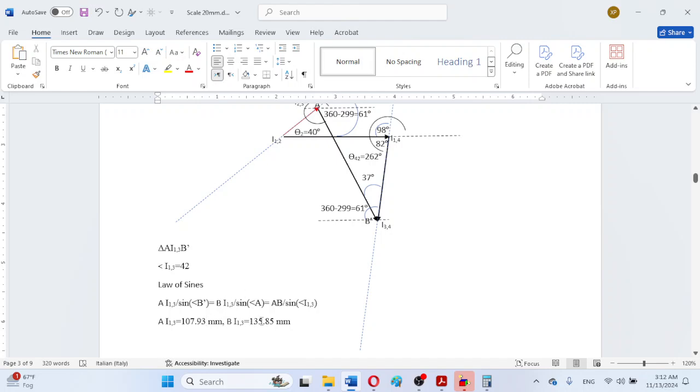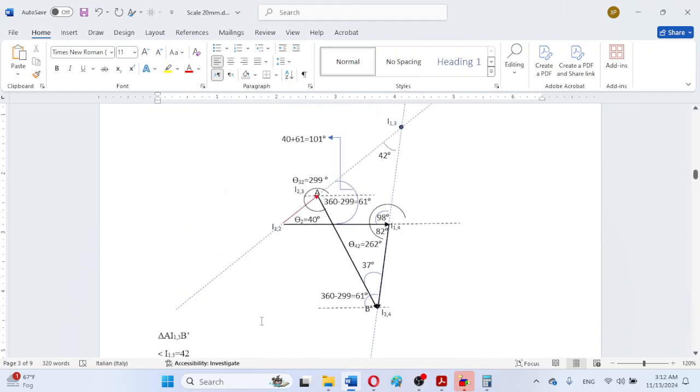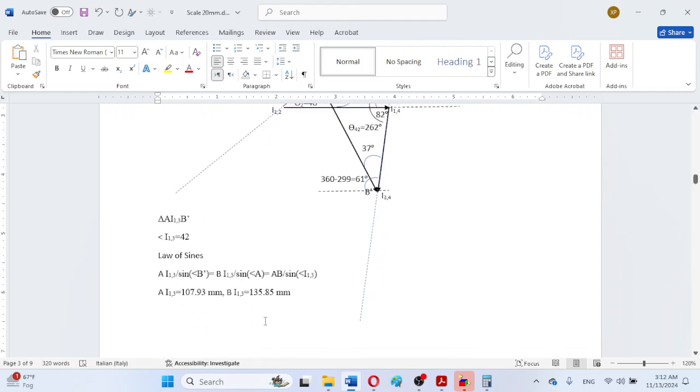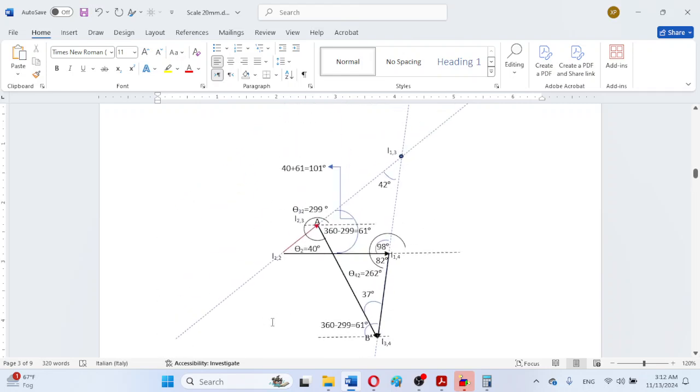In a similar manner, B I1,3 can also be calculated: 120 multiplied by the sine of the angle at A. The angle at A is actually 101, so multiplied by the sine of 101, that is 117.79, and now divided by the sine of the angle, which is actually 42 degrees, so divided by sine of 42 degrees.